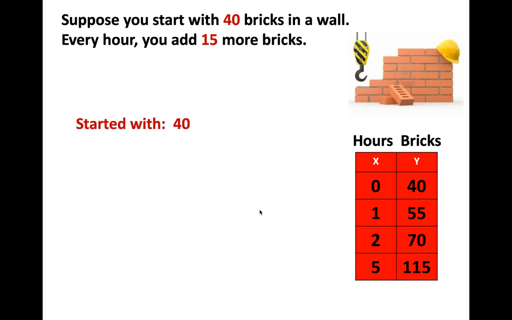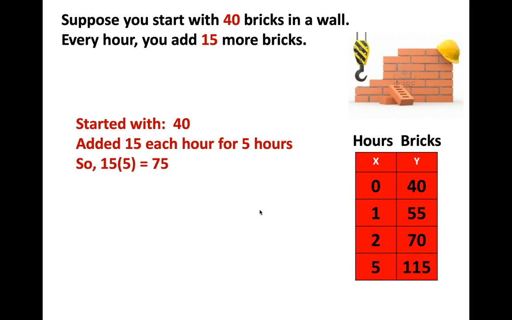Okay, so we started with 40. We added 15 each hour for 5 hours. Okay, that makes sense. So 15 times 5 is 75. So we started with 40, and if we worked for 5 hours, we added 75.